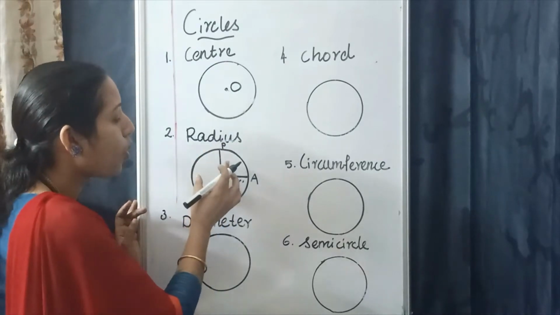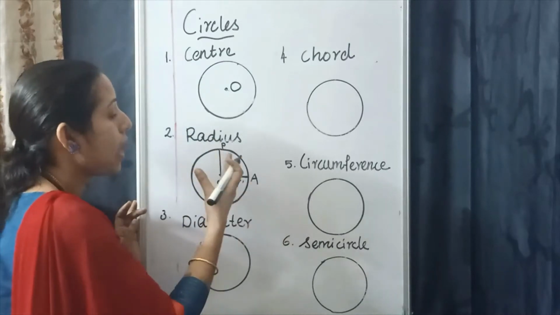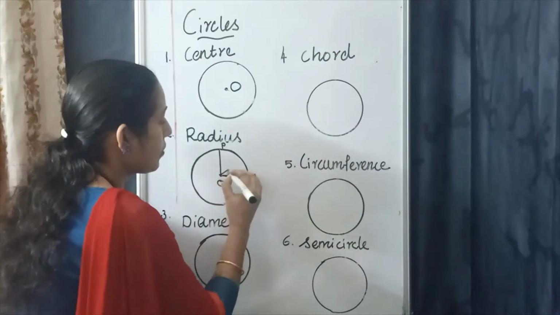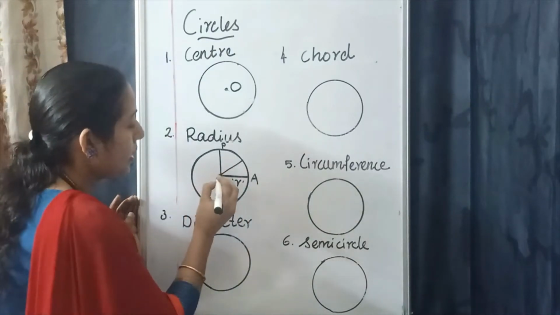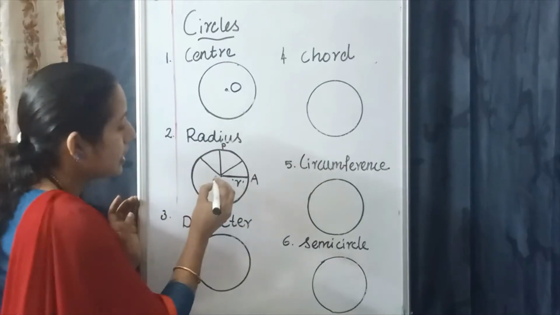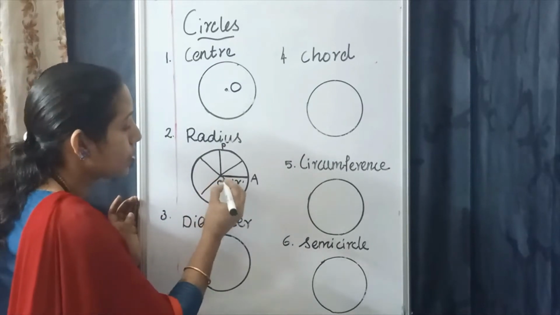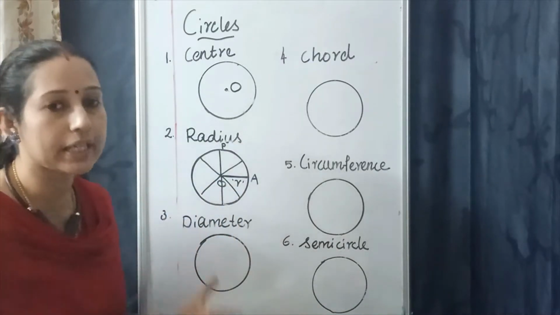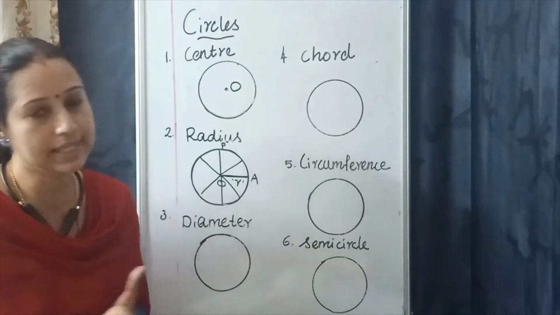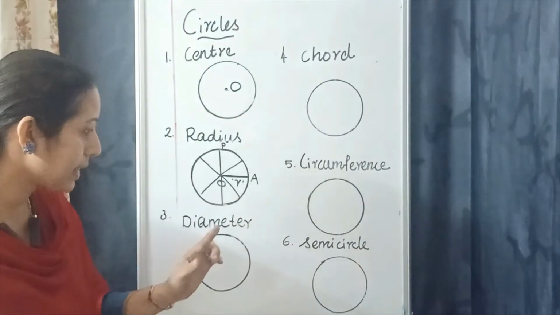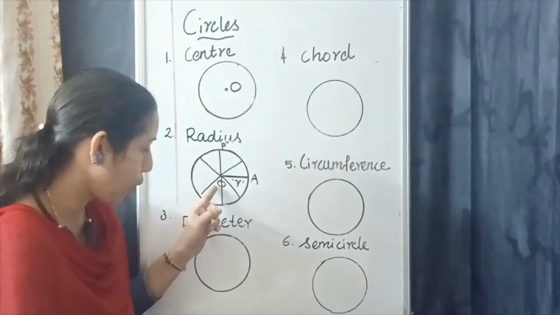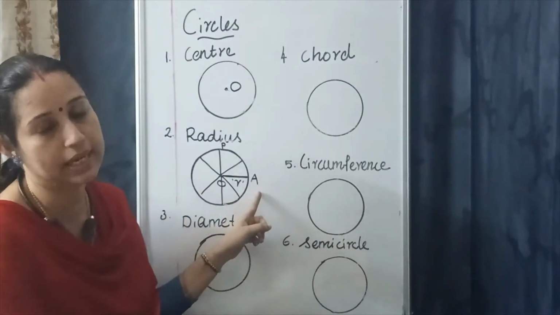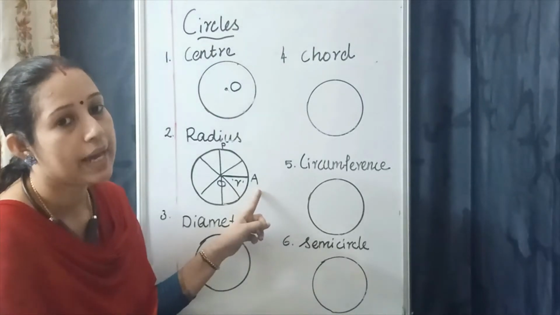So we can draw an infinite number of radii on a circle. Here is one, this is a radius, this also a radius, this also a radius. So we can draw an infinite number of radii on a circle. So what is a radius? The line we draw from the center to any point on the circle is called the radius.